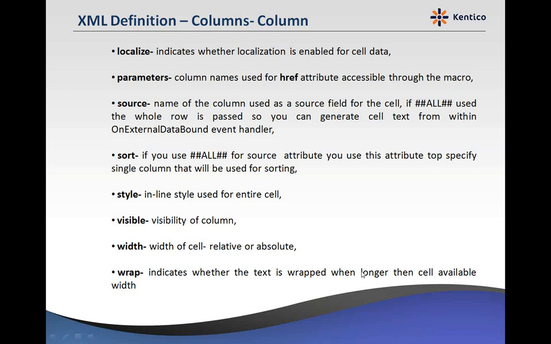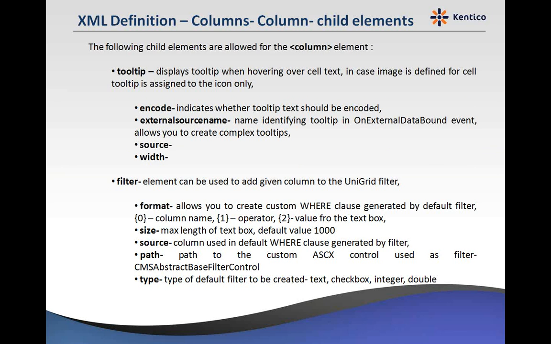Okay, I guess the other fields and usage of other fields should be pretty straightforward. So let's move forward to column child elements. You can define a custom tooltip for columns, and you can define custom filters for columns.